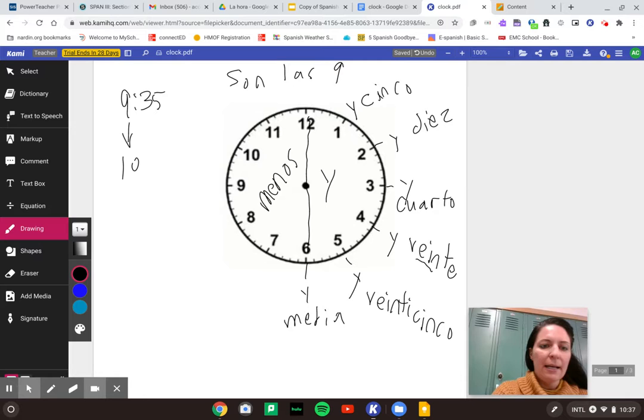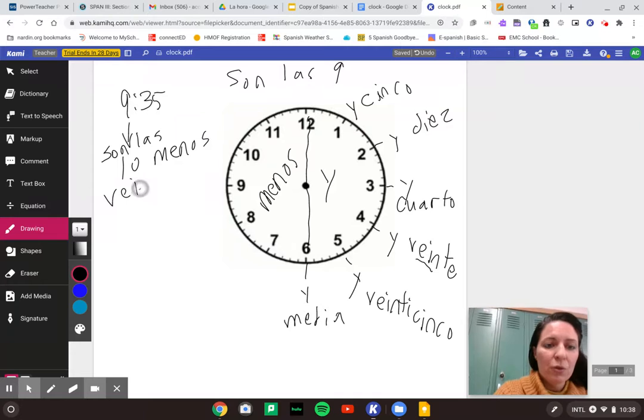So we would say son las 10. So it's not 10 yet, but it is 25 minutes to 10. So we're going to say son las 10 menos. And how many minutes are left until 10 o'clock if it's 9:35? That's going to be menos 25. So veinticinco. So that's how we're going to write it.